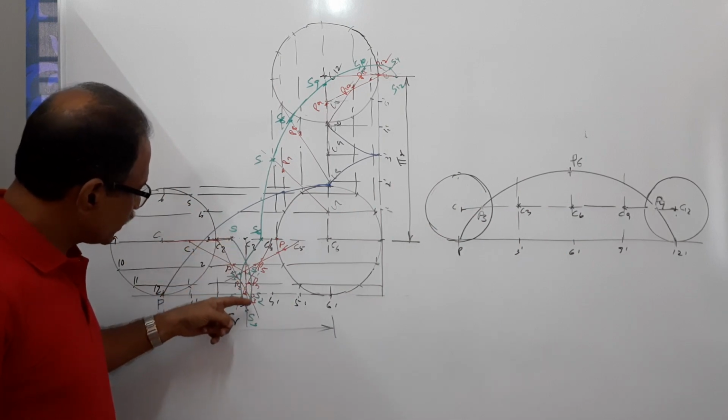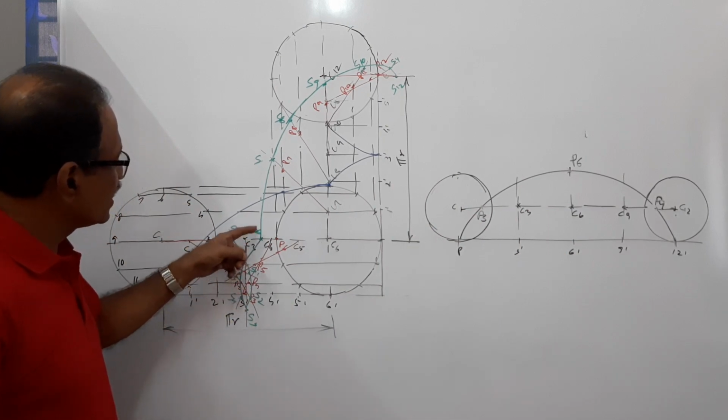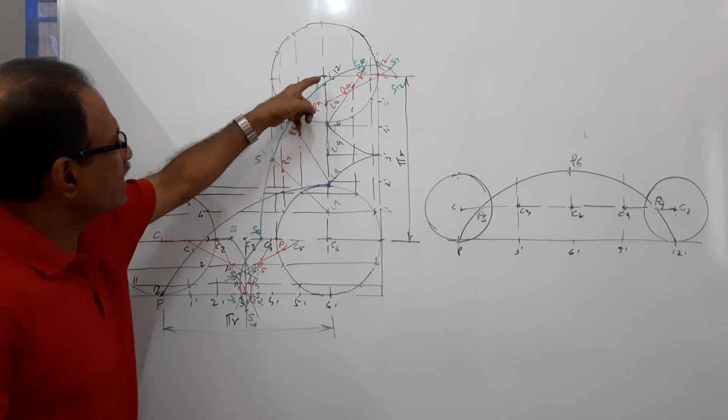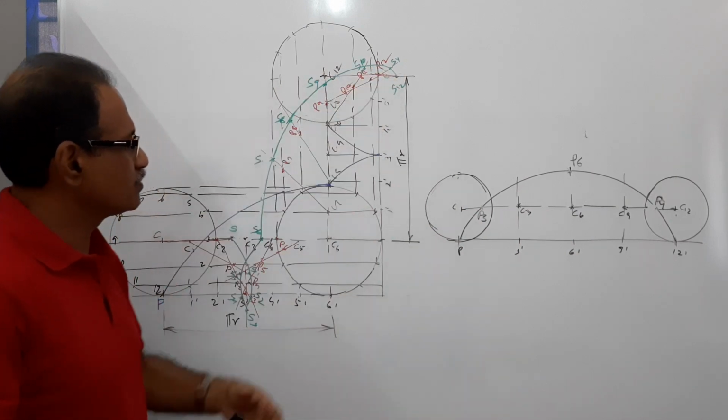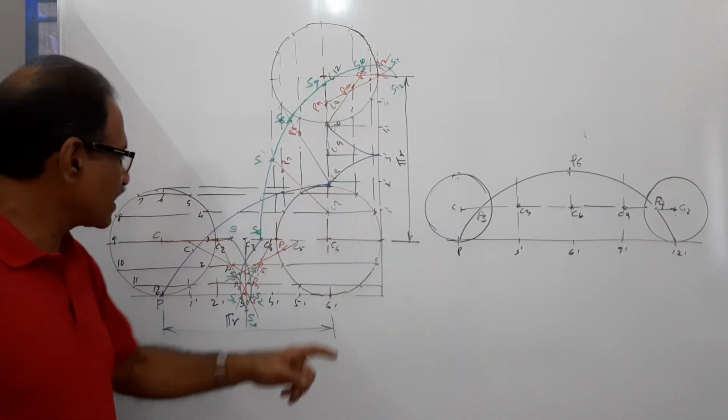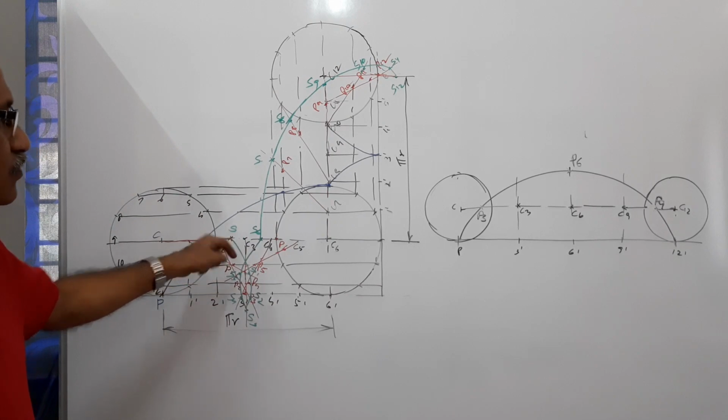S, S1, S2, S3, S4, S5, S6, S7, S8, S9, S10, S11, S12. This is the path traced by point S.